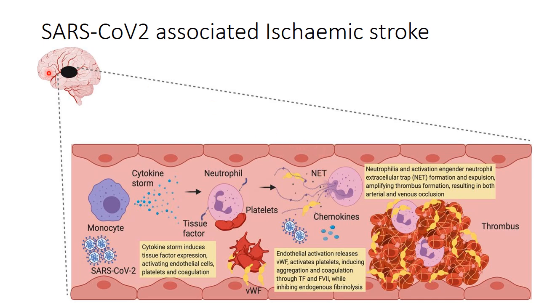So this is how SARS-CoV-2 or COVID-19 causes ischemic stroke by production of thrombosis with the help of the cytokine storm induced by the monocytes, activation of the endothelium and the tissue factor activation, resulting in the formation of a blood clot, which is subsequently enhanced by neutrophilic extracellular trap formation and resulting in the formation of a characteristic thrombus. This thrombus subsequently lodges inside the brain and results in an ischemic stroke.